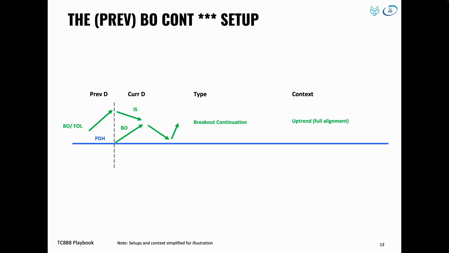Here for a moment, what you're looking for in the Trend Predator setups. Trend Predator is my major indicator that I coded myself, where all the signals and all the elements of my system are coded into. In this case, you would look for a previous day breakout, fake out low.